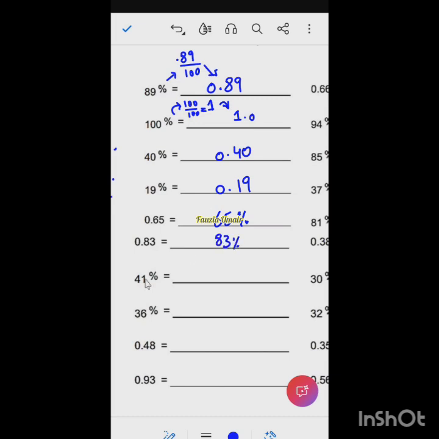Very good. 41% in decimal is 0.41. Now 36% in decimal is 0.36, right? So now 0.48 in the percent form is 48%. Very good. 0.93 is 93%, right?